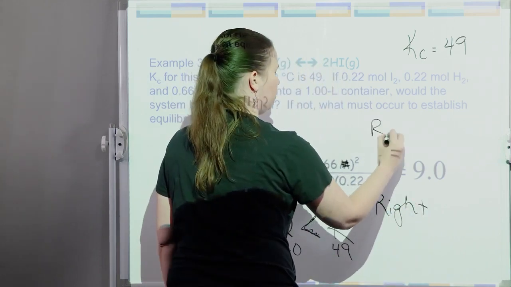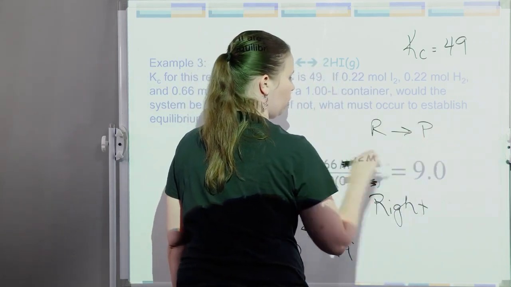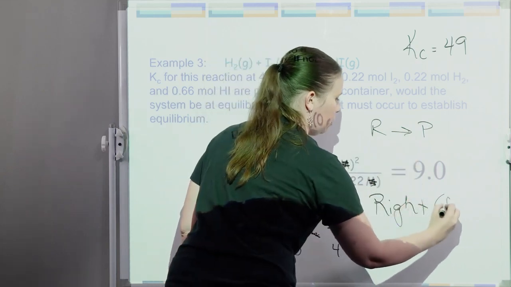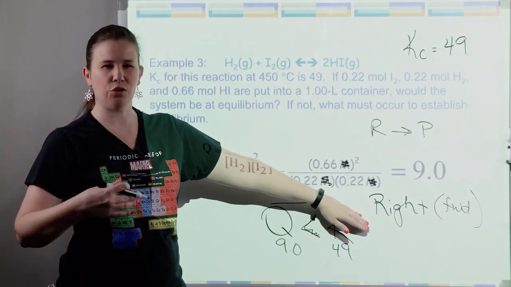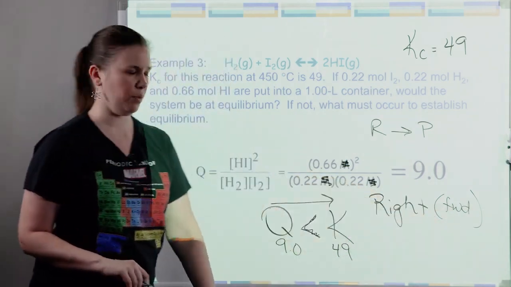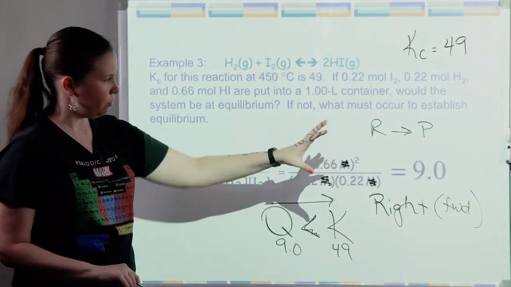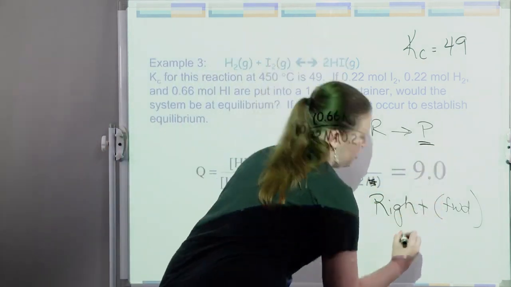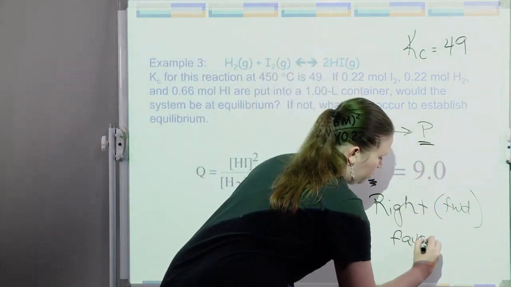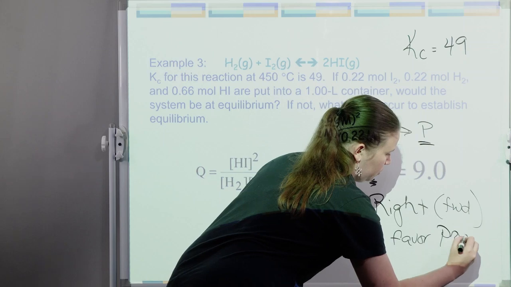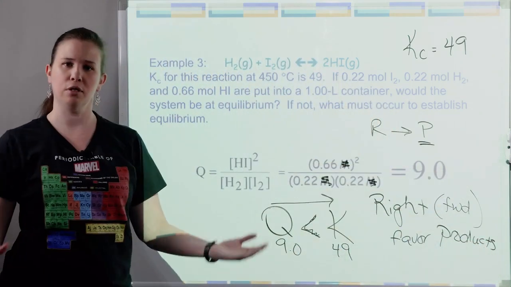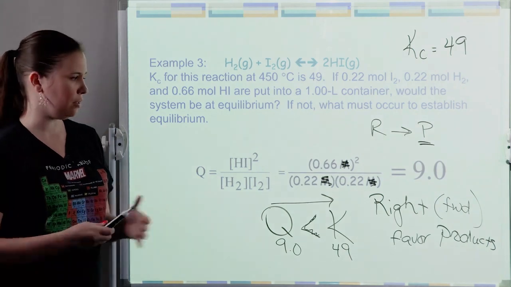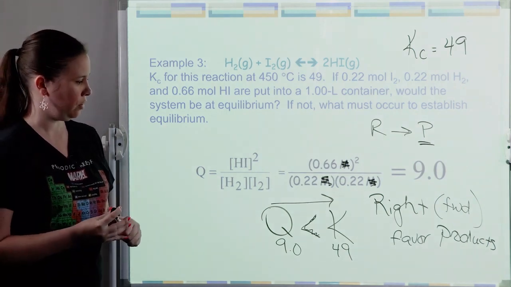And where I have reactant making product, that would be the forward reaction. Again, the answers are usually looking for left and right, but I do want you to know what that means. And if I'm shifting this direction, that's now going to favor the products. So that means I'd be making products more quickly, and I can reach the equilibrium that way by shifting the equilibrium towards that direction.